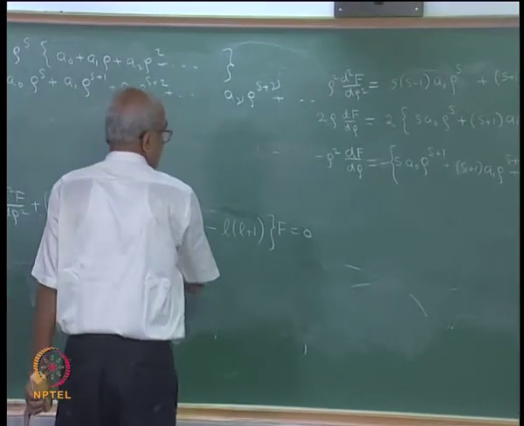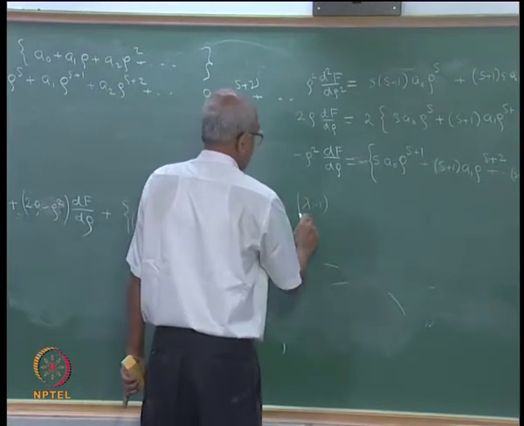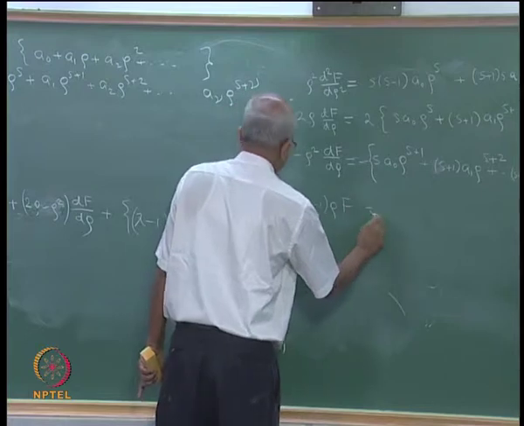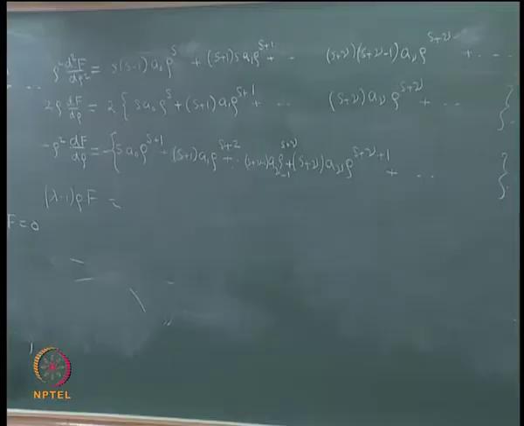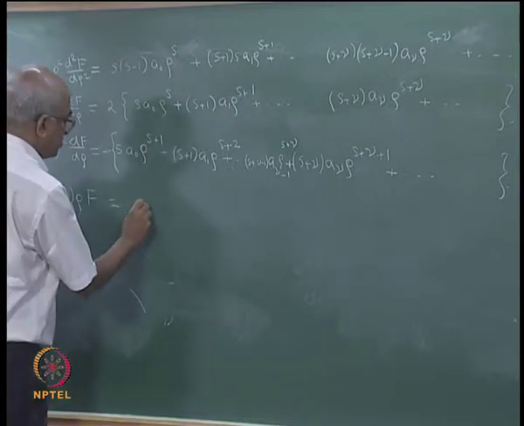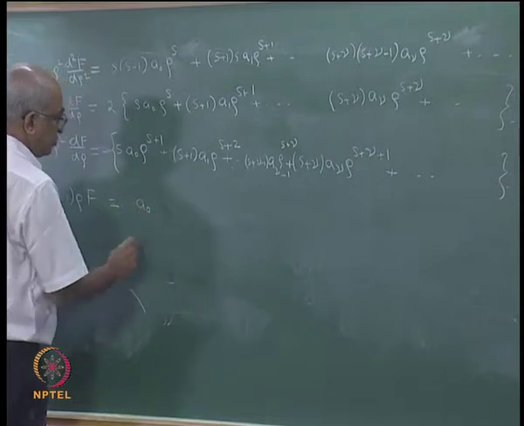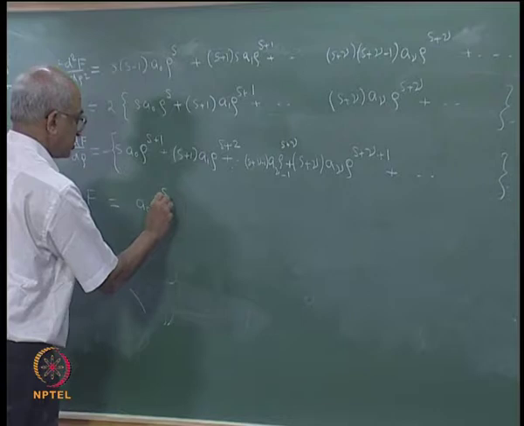And then from here I am going to get lambda minus 1 into rho into f, right. Lambda minus 1 into rho into f is what I have to write, and that is going to be equal to how much?